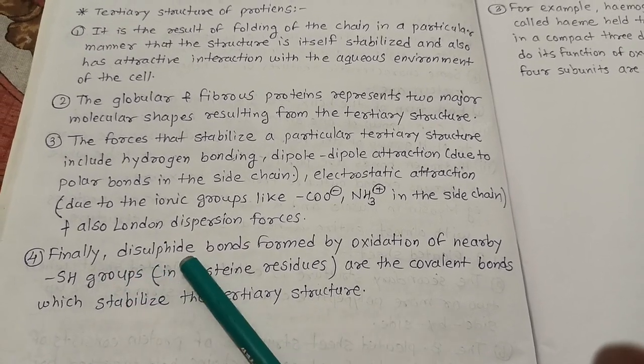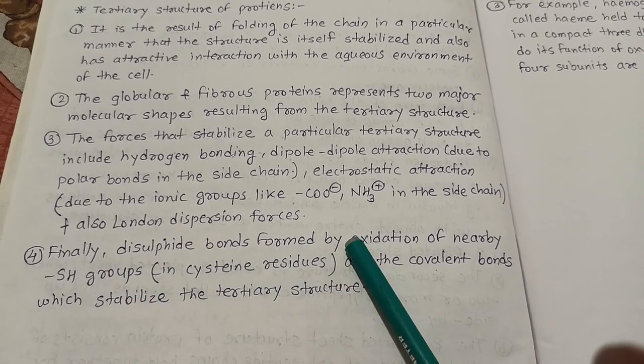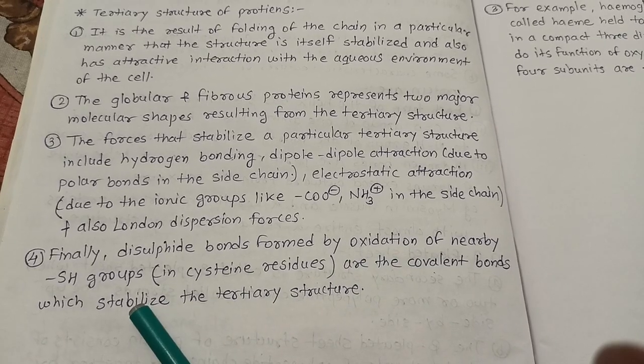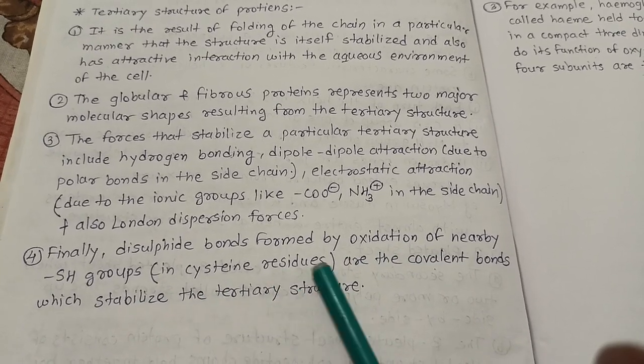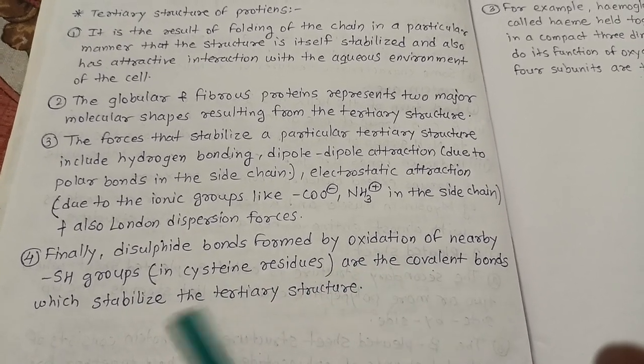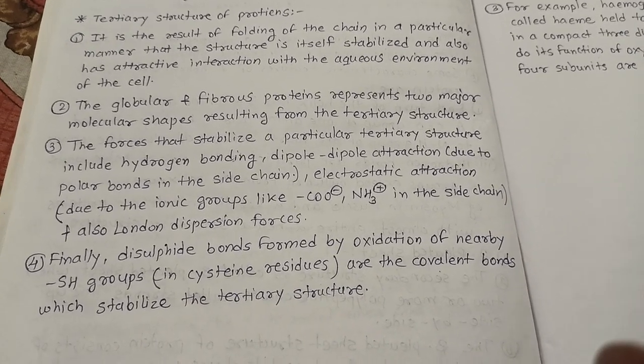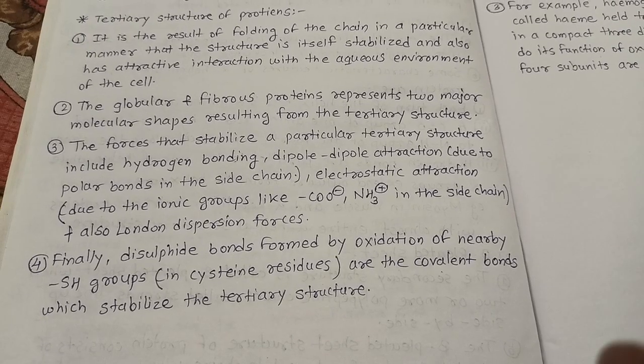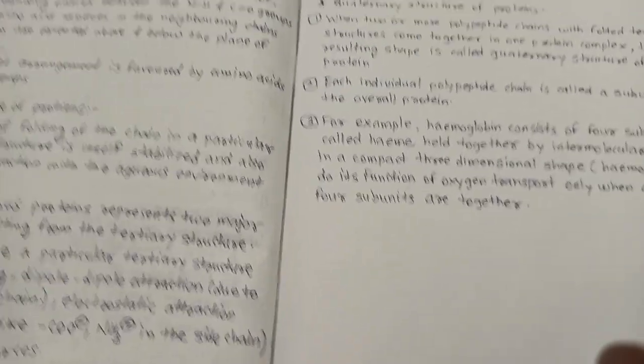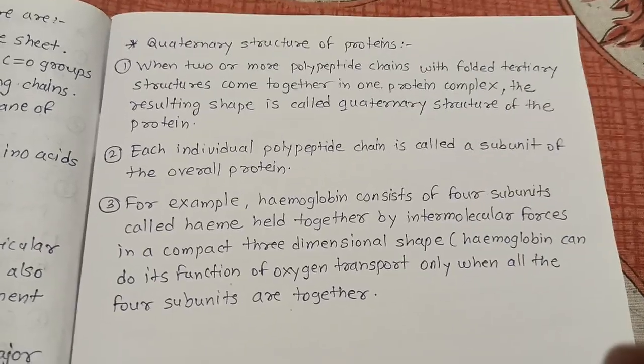Fourth point, finally disulfide bonds formed by oxidation of nearby SH groups in cysteine residues are the covalent bonds which stabilize the tertiary structure. So here tertiary structure is finished.